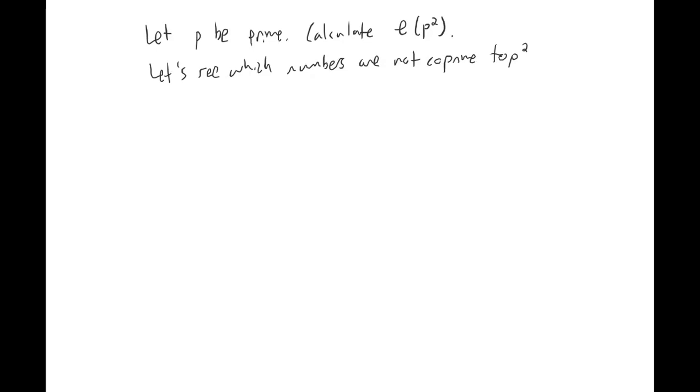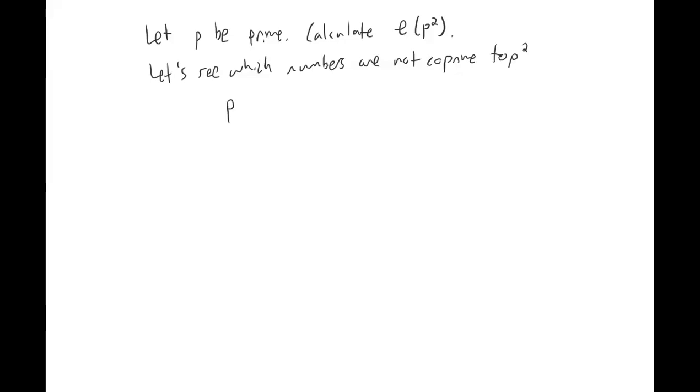Because if you share a factor with p squared, then you must share a factor with p. But p is a prime, so it's not possible for a number between 1 and p minus 1 to divide p. So your first candidate is p.